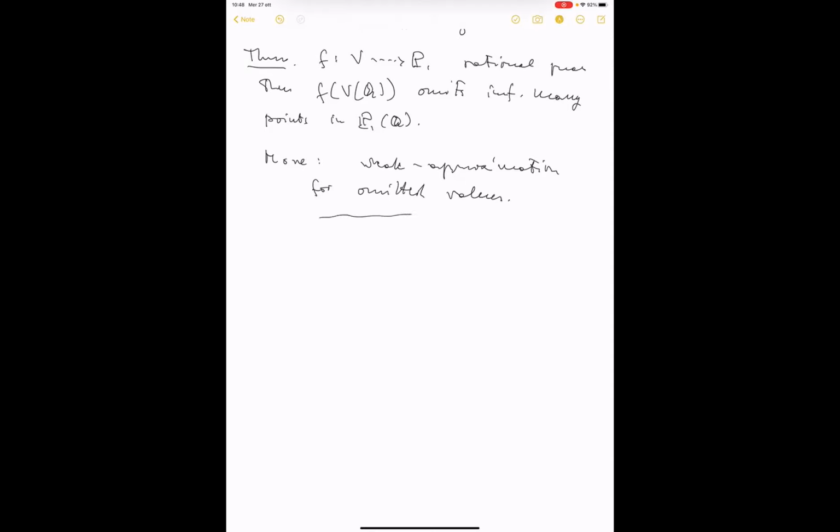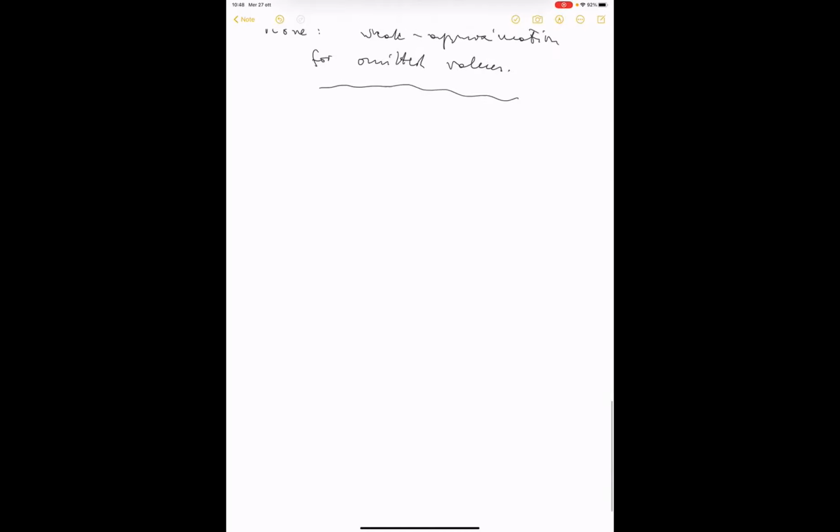Anyway, now let me come to the last part of the talk. An idea is to look at possible integral values. Why integral values? Well, because if F is a rational map, a quotient of polynomials on a projective variety, we don't expect that this quotient of polynomials will be integral very often.